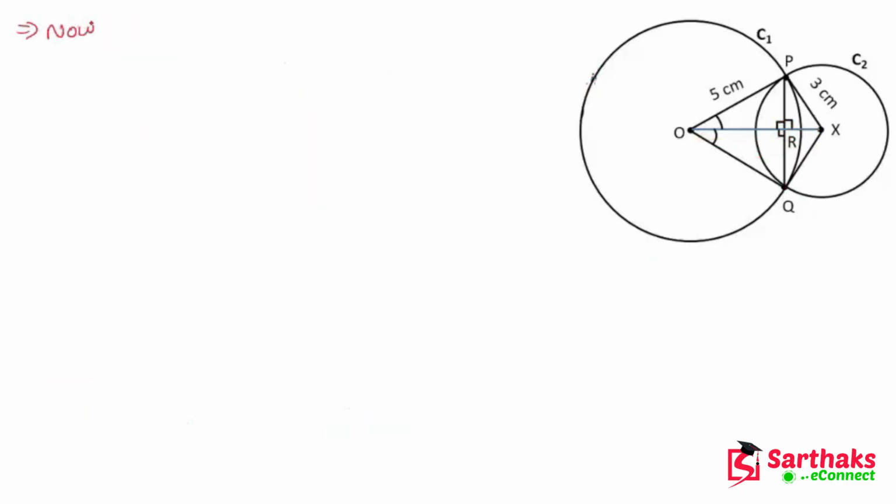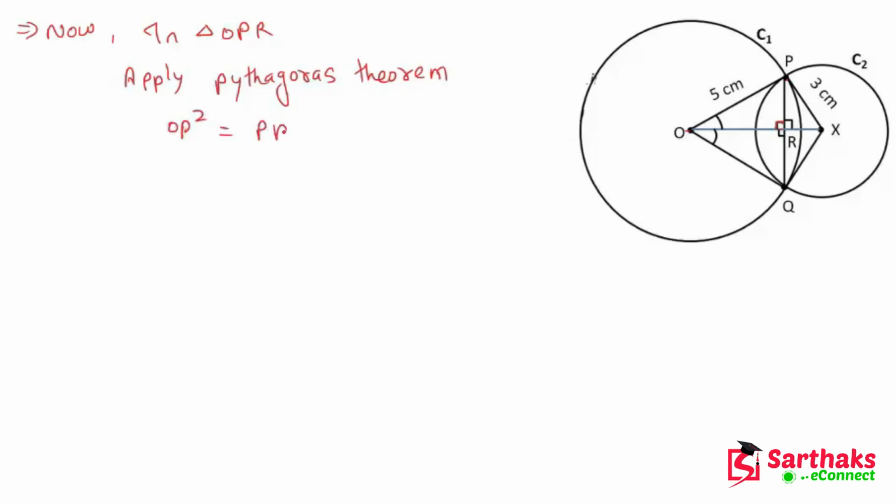Now in triangle OPR, this is a right angle triangle. We already proved that these angles are 90 degrees. So we can apply Pythagoras theorem. We can write OP square is equal to PR square plus OR square.